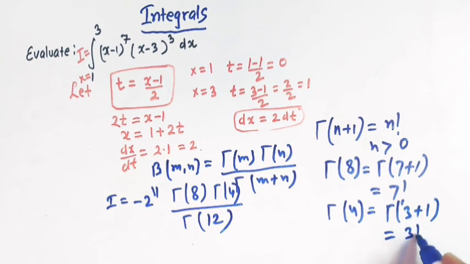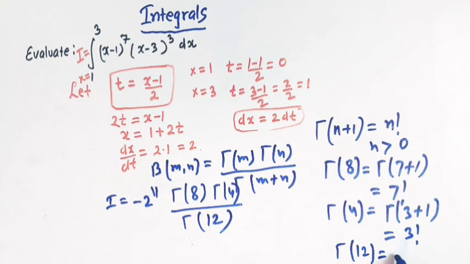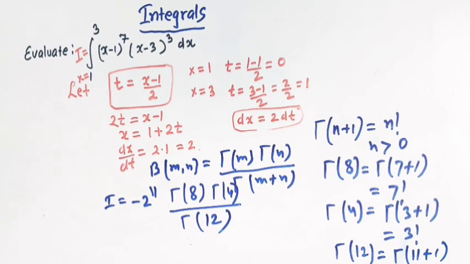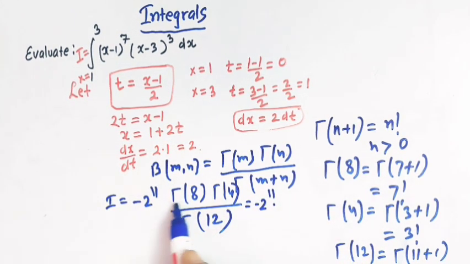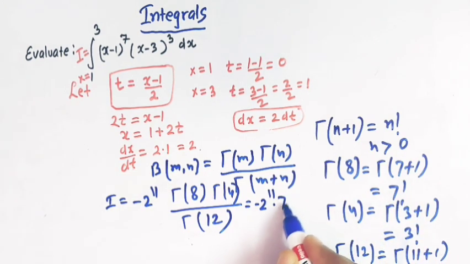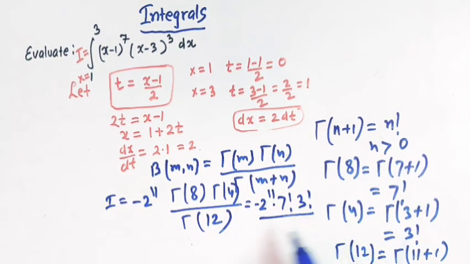And gamma of 12 is gamma of 11 plus 1, that is 11 factorial, right? So now we have minus 2 raised to 11, times 7 factorial times 3 factorial, divided by 11 factorial.